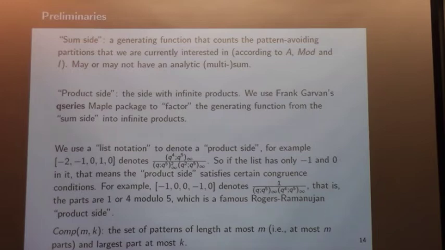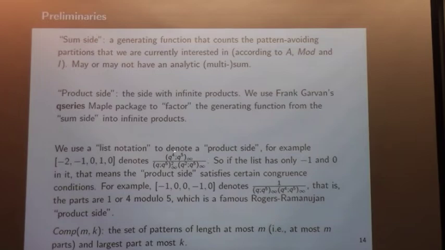So we use Frank Garvan's q-series package to factor the generating function we get from the SUMSIDE, which we obtain from our generalized algorithm. We factor these generating functions into infinite products. We use list notation to denote the product side. For example, -2, -1, 0, 1, 0 denotes this infinite product.